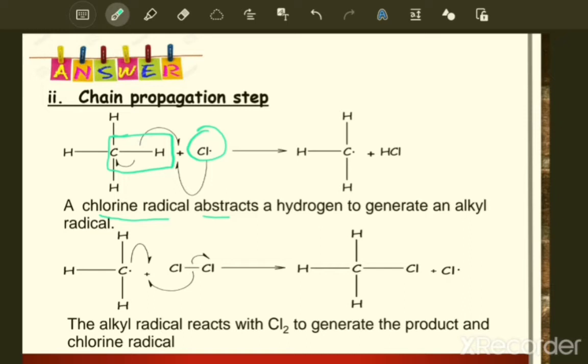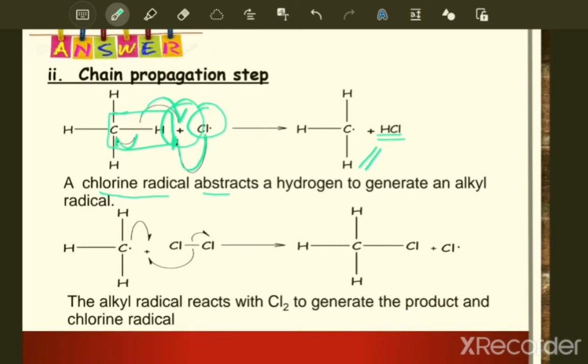The bond between carbon and hydrogen will break, and one of the bonding electrons will combine with the unpaired electron from the chlorine free radical, and the other bonding electron will go to the carbon and produce an alkyl free radical. The 2 electrons here will produce HCl.